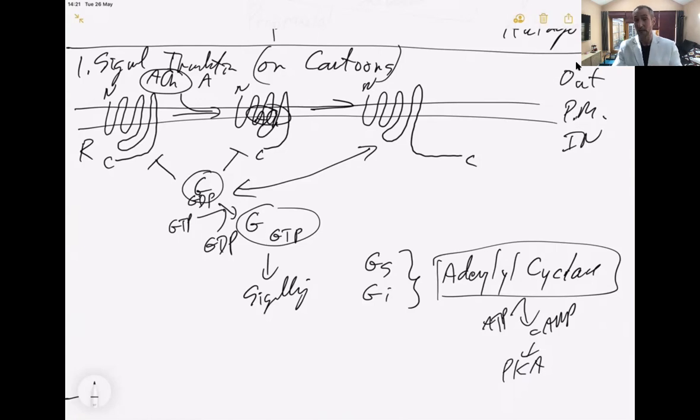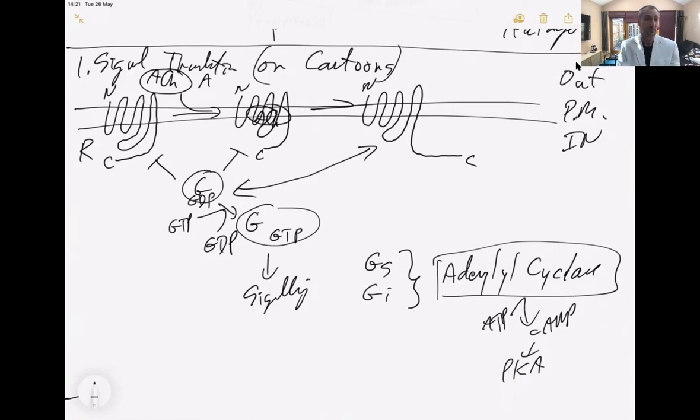If you agonize one of those receptors, you can't buy this over the counter, but you can buy it probably if you know the right people on a street corner, LSD, lysergic acid diethylamide, street name. It agonizes the 5-HT2A receptor and you get psychedelic experiences. So these G protein coupled receptors are really important. A lot of drugs act on them, so they're important medically.